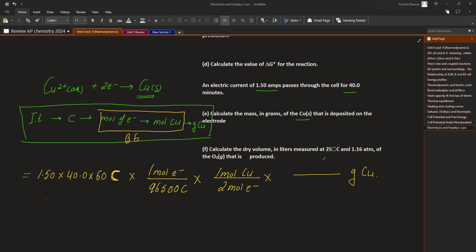Atharva is already giving us the answer. Atharva, what's the atomic mass of copper? 63 point. I don't have the periodic table with me. 63 point what? 546. Okay. Never consider atomic masses, molar masses for significant figures.